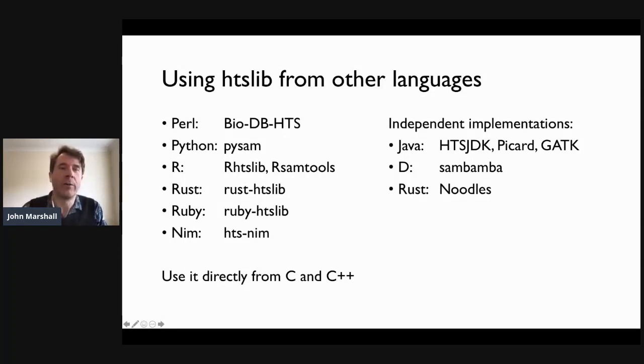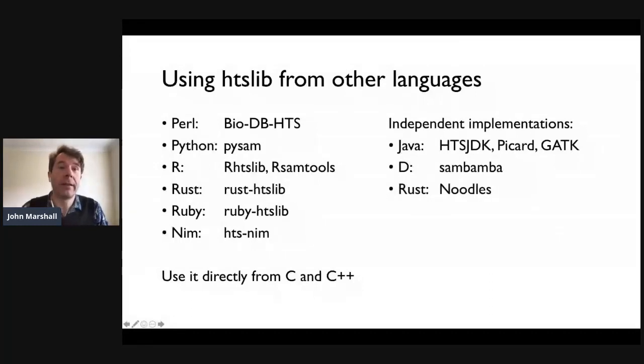The original ones were probably the Perl and Python bindings there. PySam has been around for quite a while, as has BioDB HTS. BioDB HTS, I think, hasn't been updated for a while, but PySam got back underway. It has been going the whole time, really, and most recently released a month or so ago.